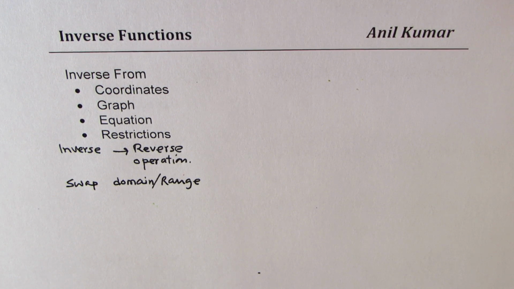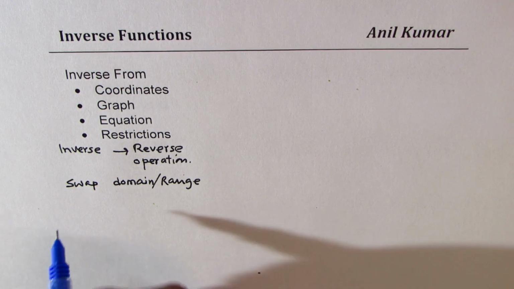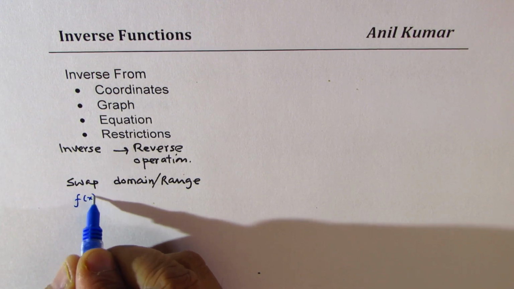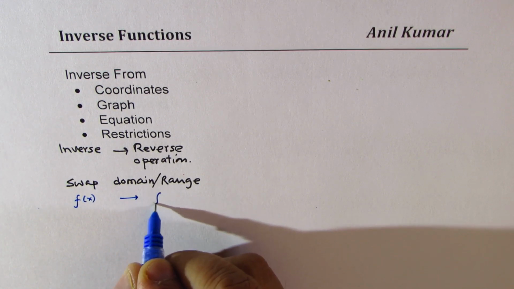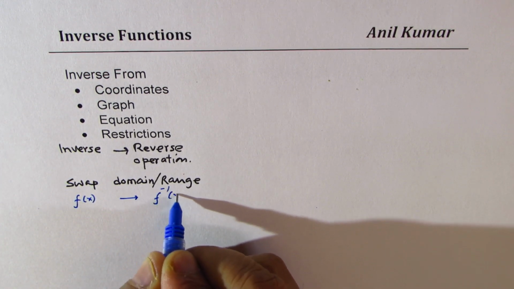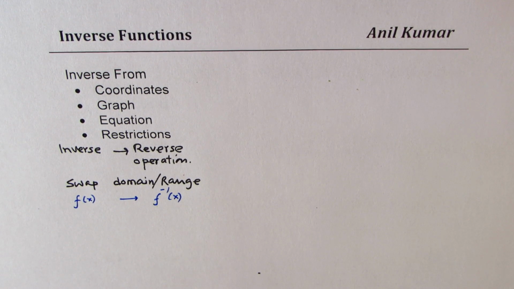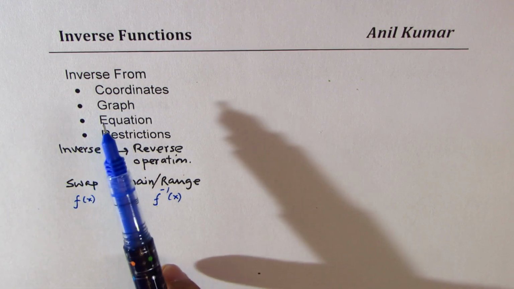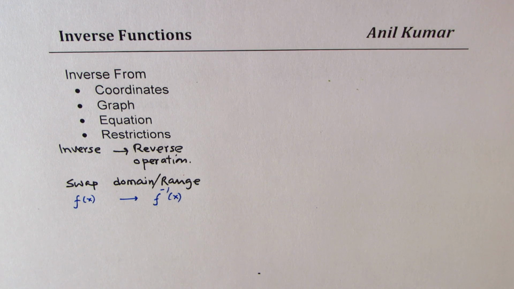That is, when we are considering, let us say, a function f of x and its inverse function, then we basically swap domain and range. Now, we'll take a few examples and then see what functions could be actually written as inverse function.